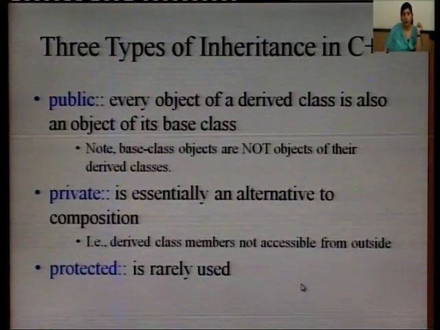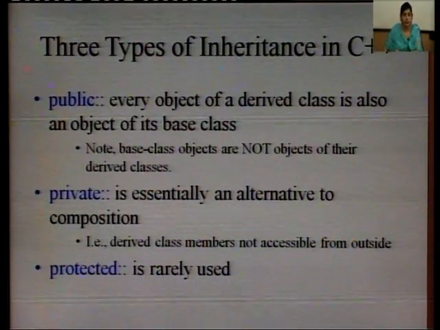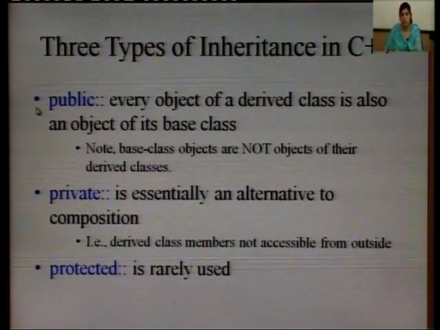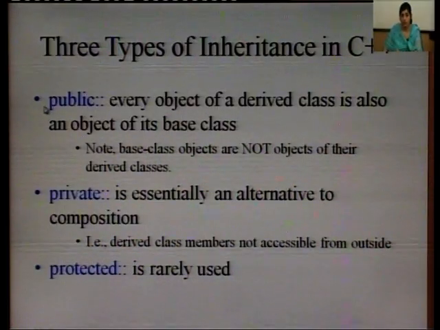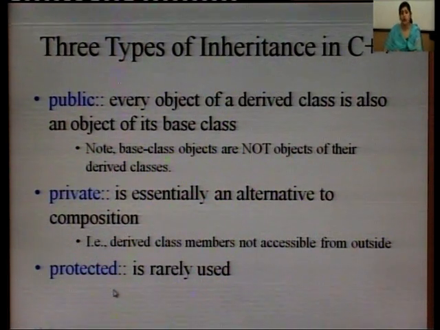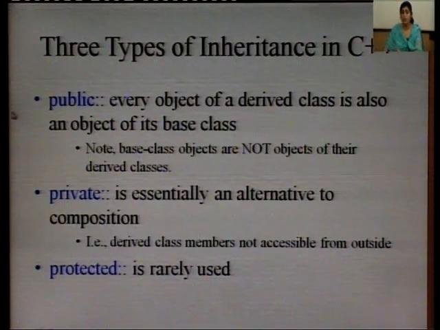Now, three types of inheritance in C++. We all are aware of these sections in C++ object oriented programming in a class, that is public, private and protected. And whenever you derive any class from an existing class, it can also use the concept of public, private, protected.